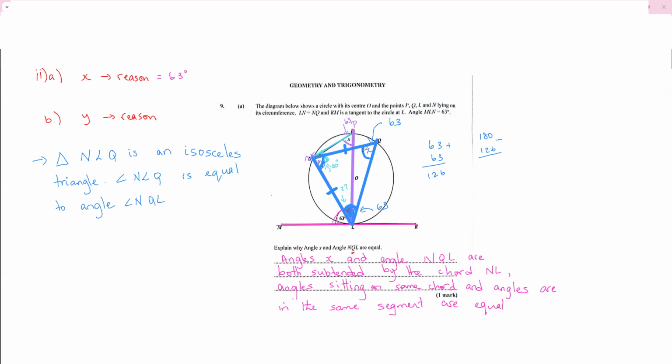Q is at the middle this time. So NQL, they are equal. Angle NQL, remember we already know that that's equal to X. And X is 63.